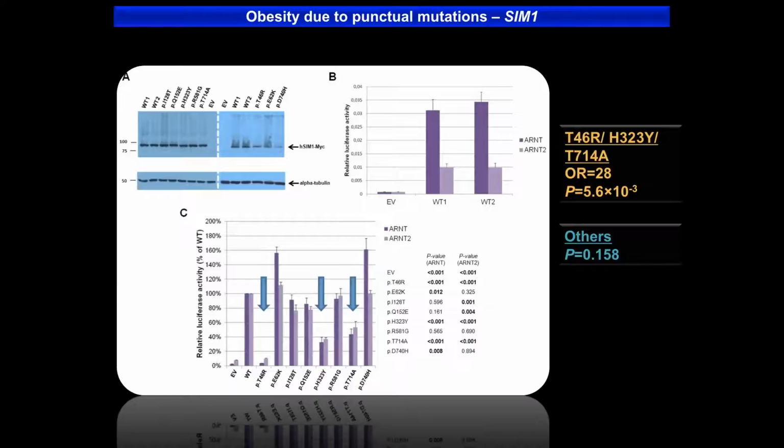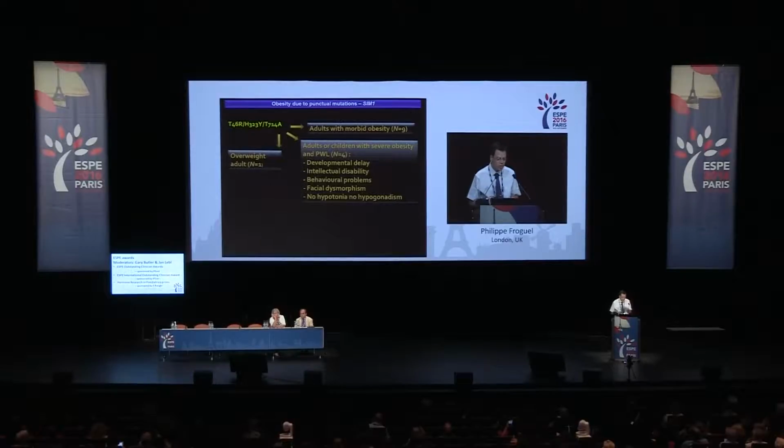Now, you have exactly the same information I gave you for PCSK1. The nature of the mutation tells you the risk for obesity, which means that finding a mutation in SIM1 is not sufficient to tell you if the mutation is really responsible for obesity. But it's even more complex.